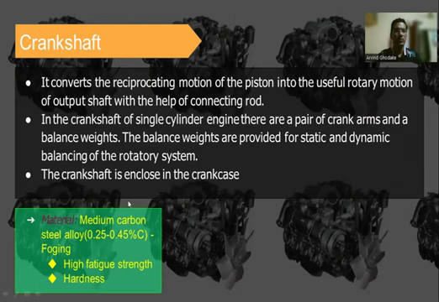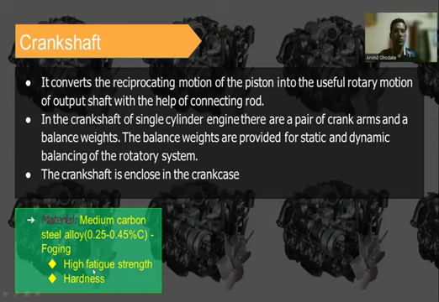The material used for manufacturing crankshafts is medium carbon steel alloy having 0.25 to 0.45% of carbon. The manufacturing method is generally the forging process. The properties of the material used for the crankshaft are high fatigue strength and high hardness.